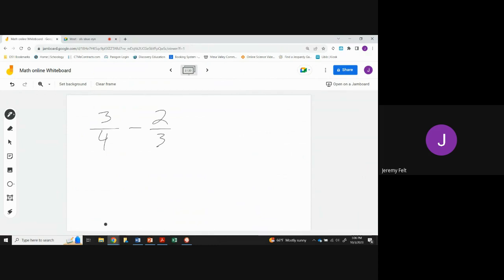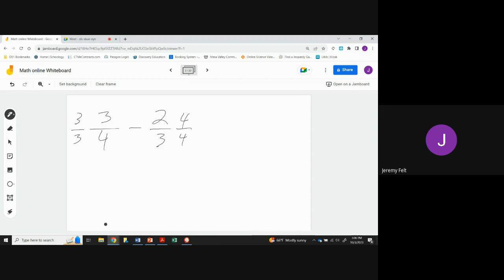Okay, so 3/4 minus 2/3. 4 and 3, not the same. So we've got to think 4, 8, 12. 3, 6, 9, 12. Okay, so 12 is going to be the least common denominator. Again, 4 and 3 both go into what? 24, 48.